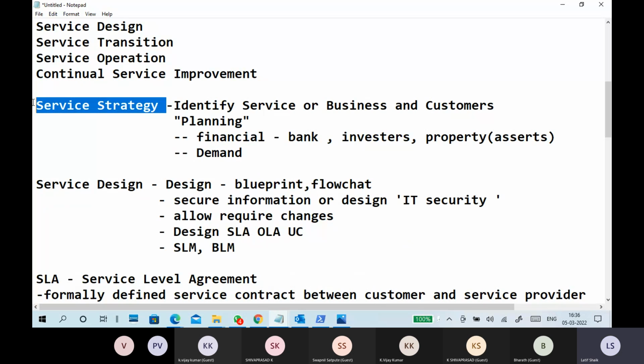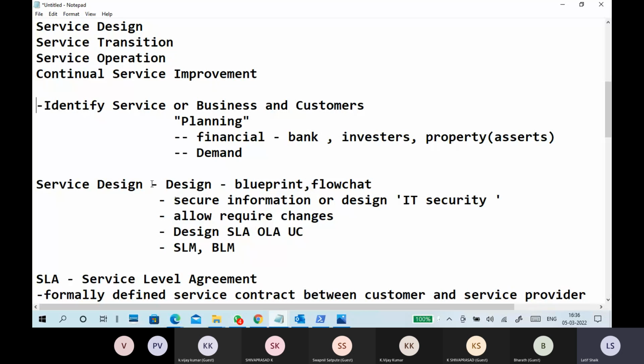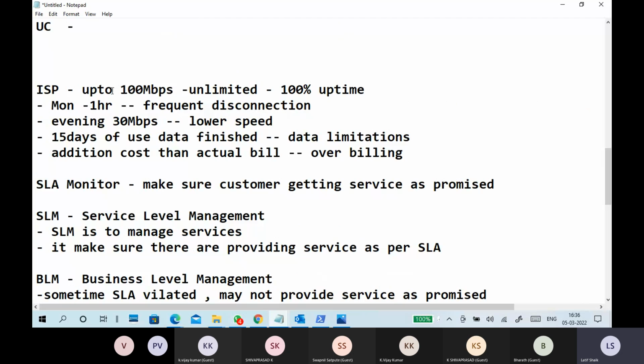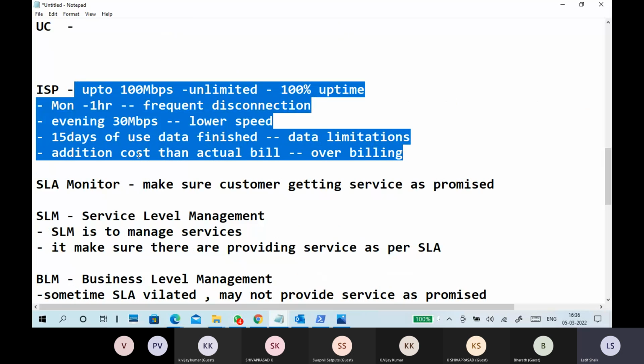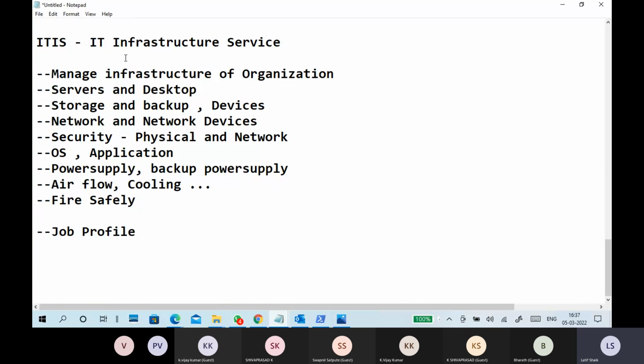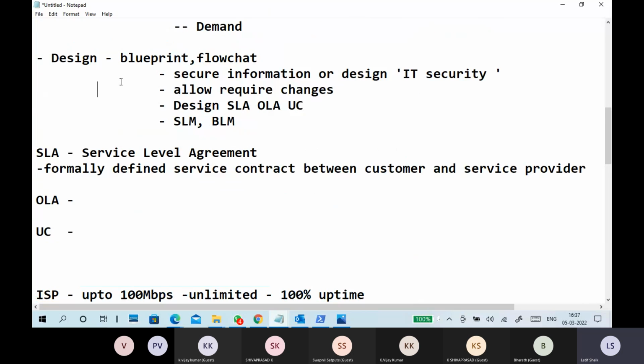Think like this is a whole part of ITIL only. Okay, few definitions in ITIL, and there is a service related example, and SLM, BLM, ITSM. These are the things. Okay, next part, guys.